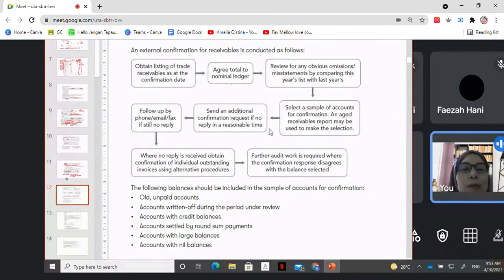Review for any obvious omission or misstatement by comparing this year's list with last year's. Where will you get last year's list? Faizah, where do we get last year's list, Faizah?